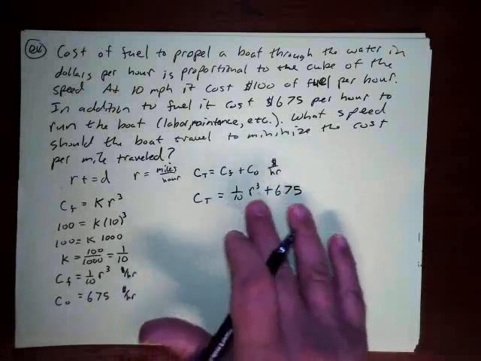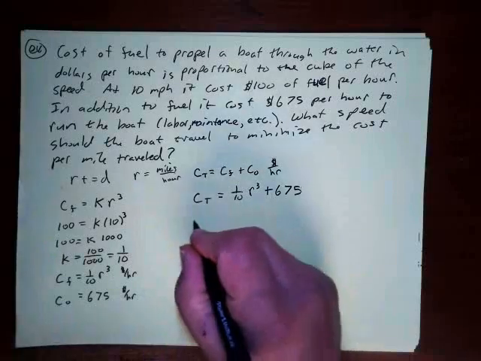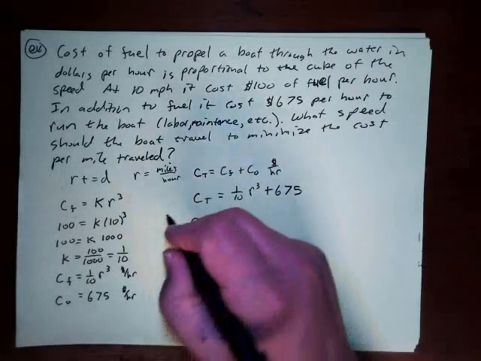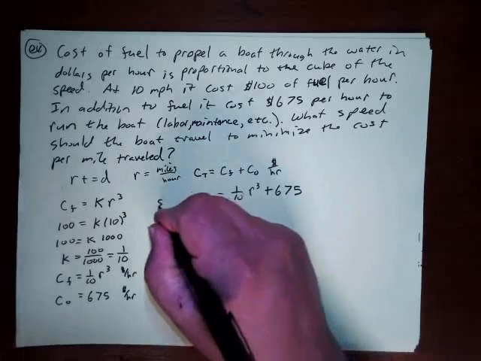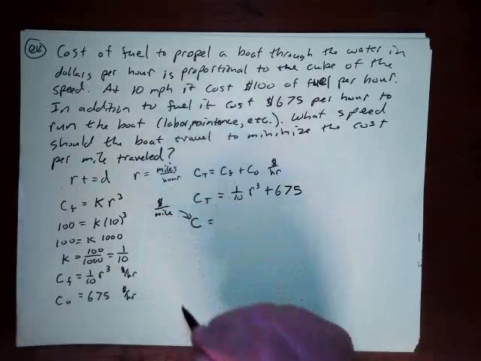So this is dollars per hour, but I want my thing to be the cost, and we'll let this be capital C. And this capital C, I want this to be dollars per mile.